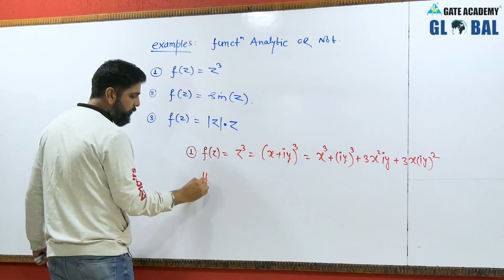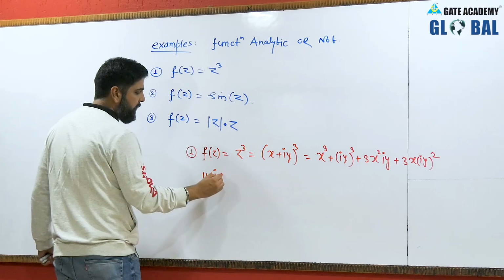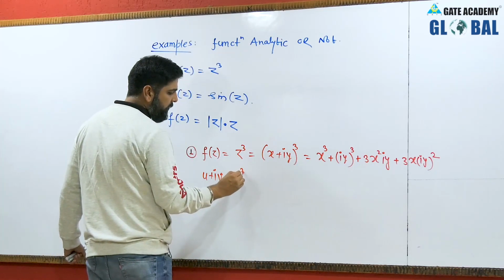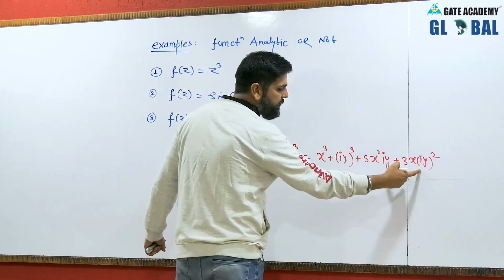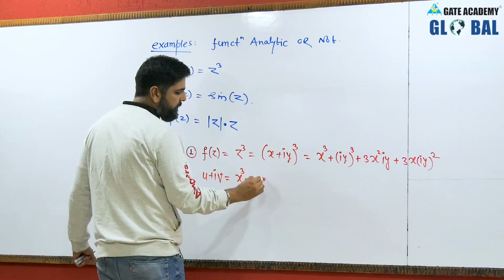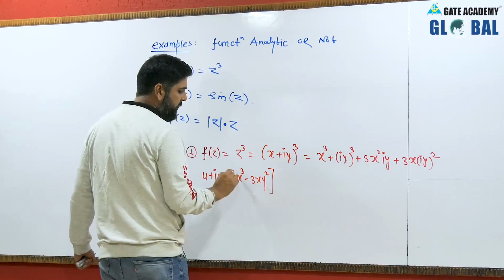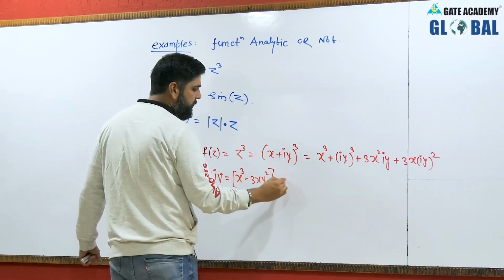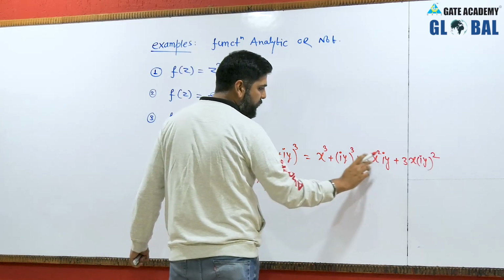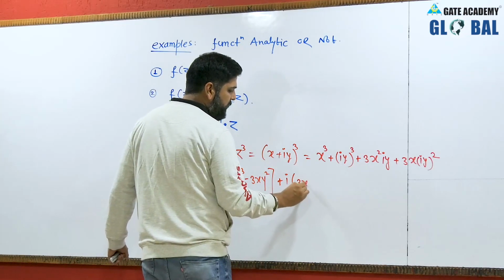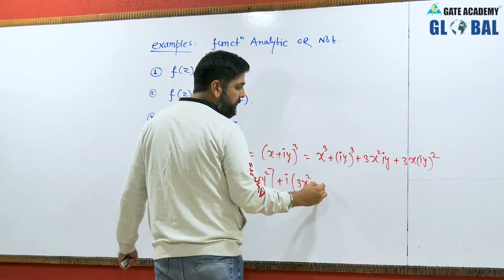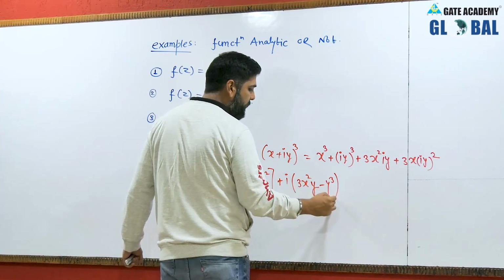So I am having u plus iv is nothing but x cube, which is a real part, and the square term is also a real part, so I am having minus 3xy square. This is the real part, plus i times the imaginary part, where i is common: 3x square y, and i power 3 is minus i, so I am having minus y power 3.